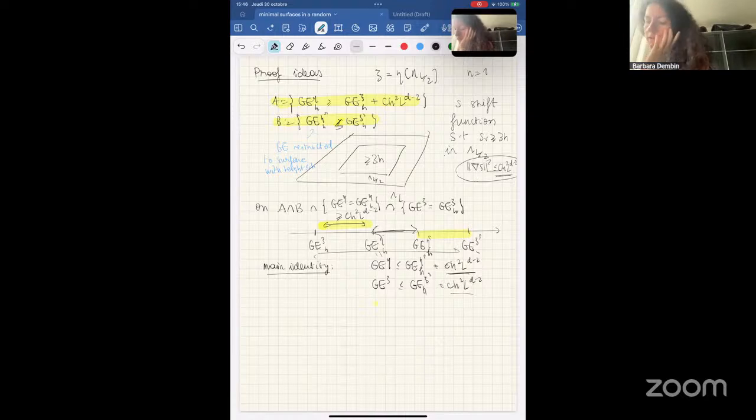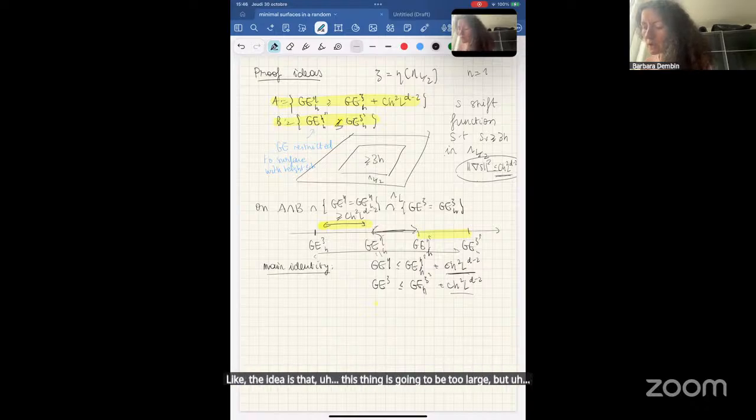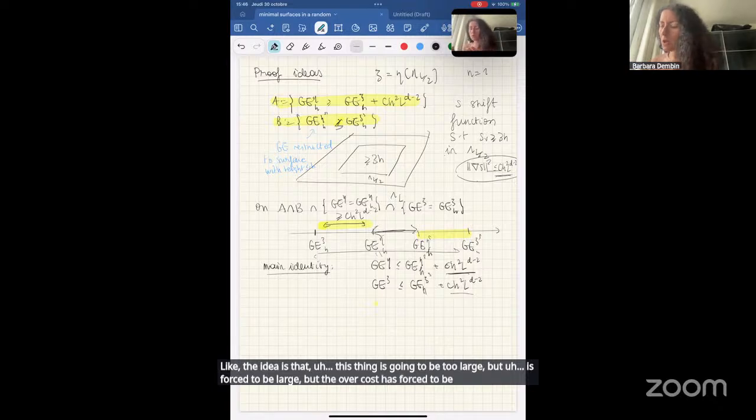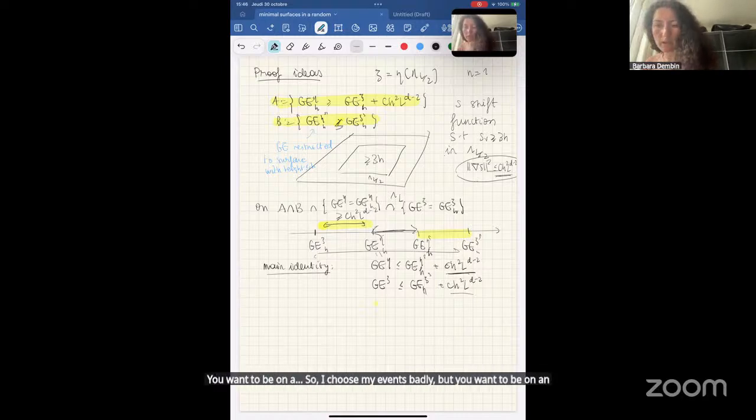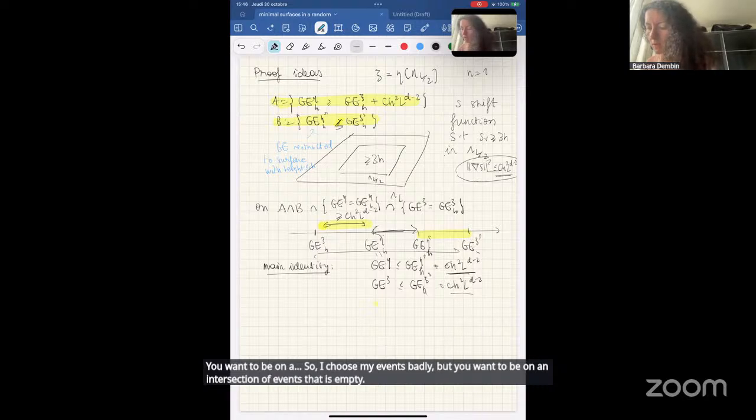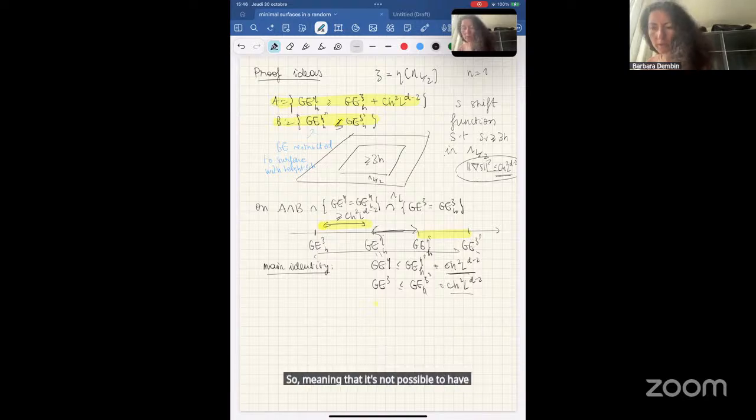The idea is that this thing is going to be too large, but it is forced to be large, while the cost forces them to be close. I chose my events badly, but you want to be on an intersection of events that is empty, meaning that it's not possible to have these four events at the same time.